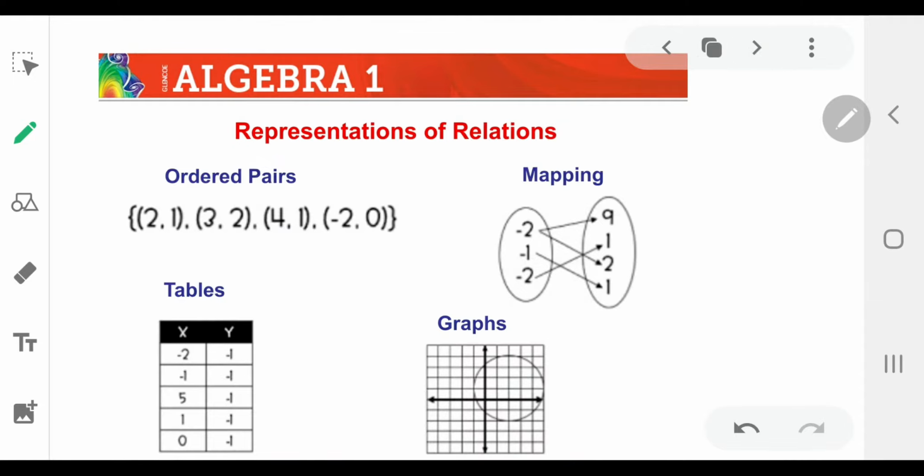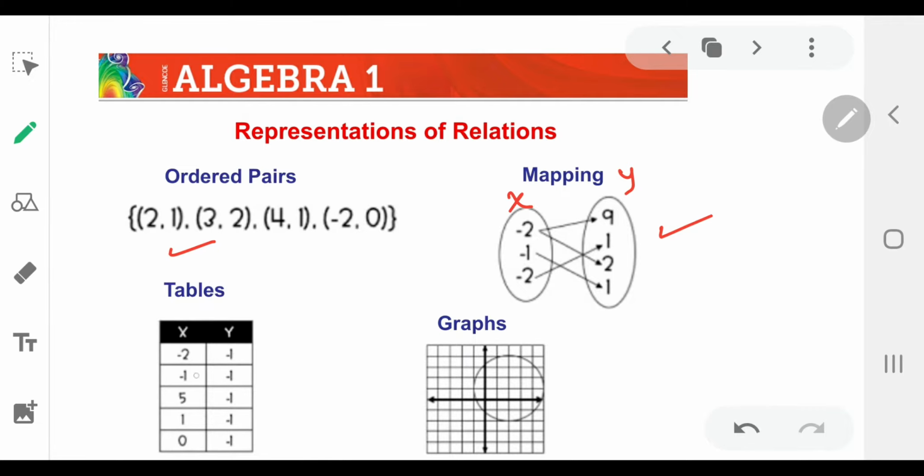To sum it all up, those are the 4 different representations of a relation. The ordered pairs, using the curly brackets. In the middle, we have the ordered pairs x, y, x, y. We have the mapping method, either with 2 ovals or 2 rectangles, the x values in one of them and the y values in the other one. Tables: we can represent relations using tables, also 2 columns, whether vertical or horizontal.